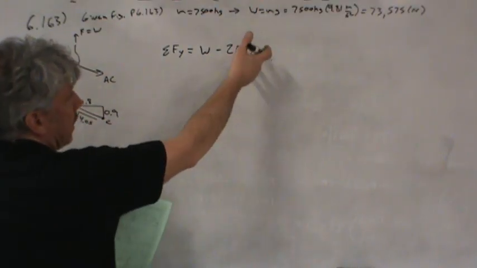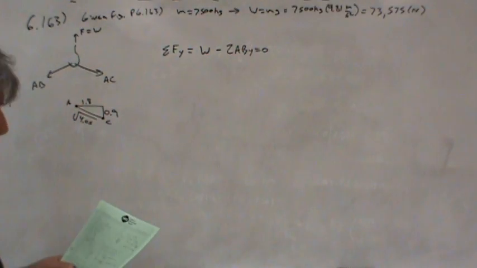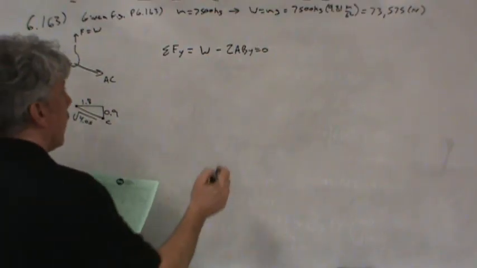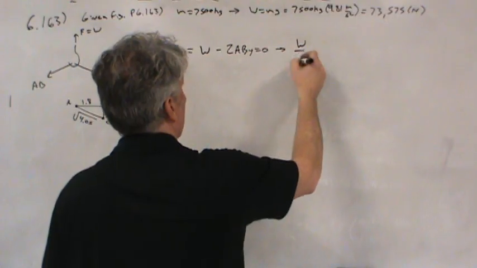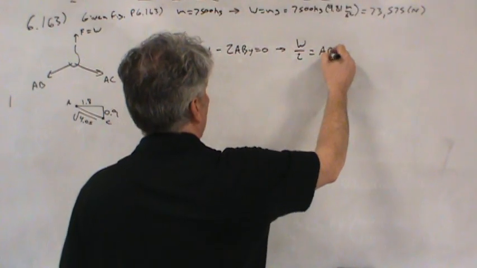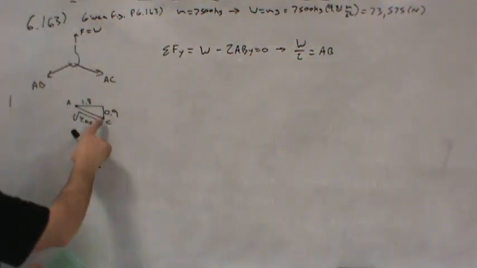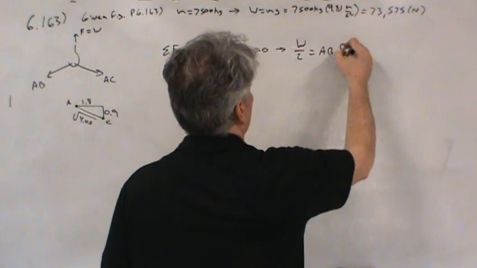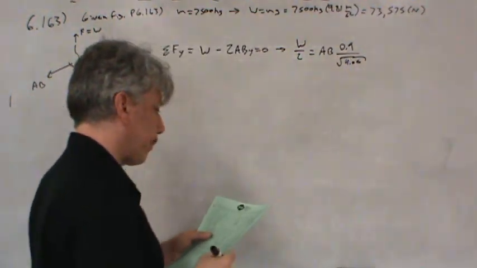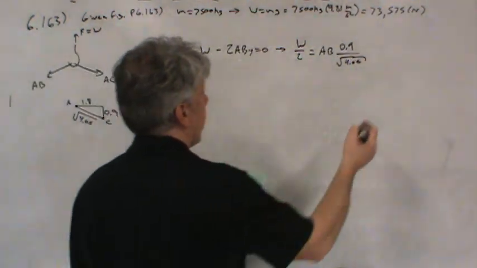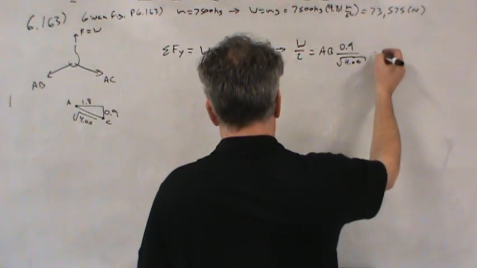Since I have two of them, it's just 2ABY. And so from this, W over 2 is equal to ABY. Now, ABY, the vertical component, would be 0.9 over root 4.05.